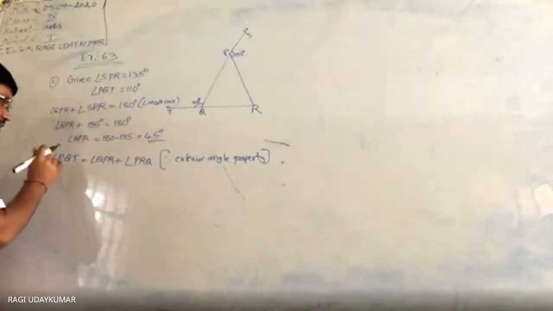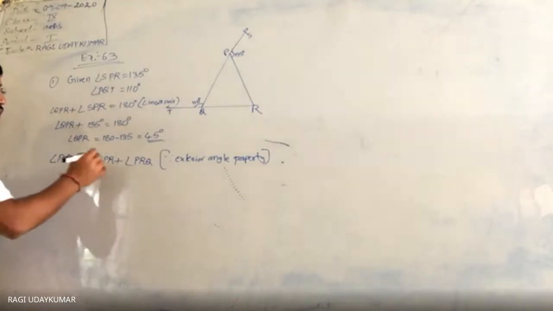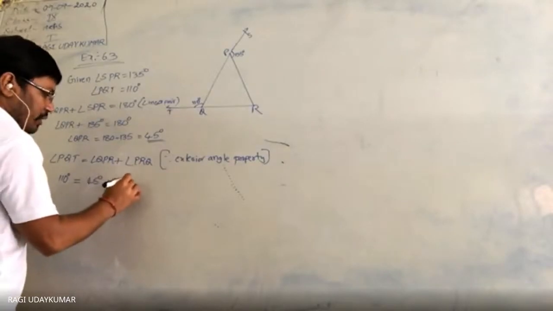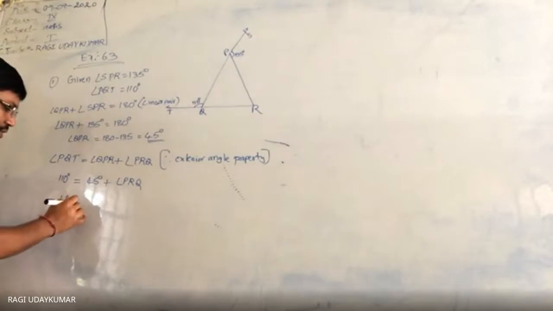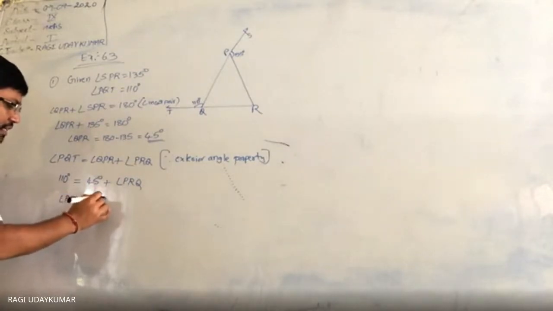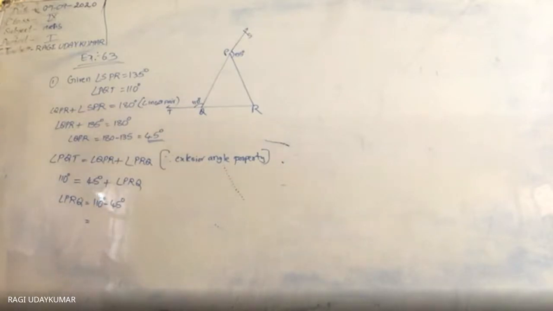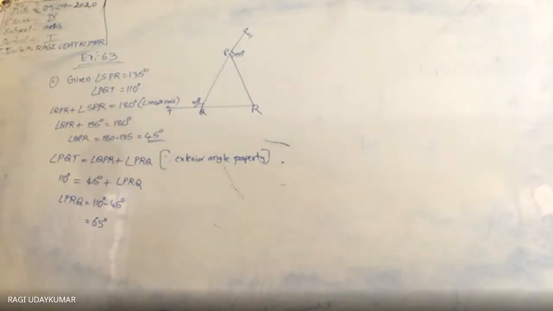Now angle PQT is given to us as 110 degrees. This is equal to QPR, which we found as 45 degrees, plus PRQ, which we need to find. Taking the 45 to this side, angle PRQ is equal to 110 degrees minus 45 degrees, which is 65 degrees.